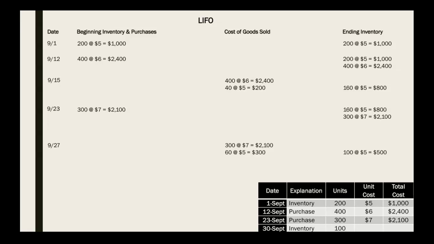So that left us with 100 units at $5 a piece. 100 times 5 gets you 500. Those units at $7 a piece that we had previously, we sold all of those on the 27th, so we don't have any of those left.